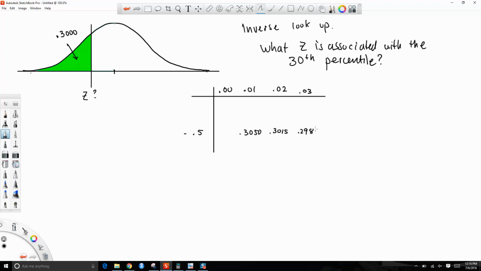And so 0.3 would be in between these two values, and so we just have to make a call. Which one is closer to 0.3? The negative 0.52, right? So 0.3015 is the value in the table that is closest to 0.3.